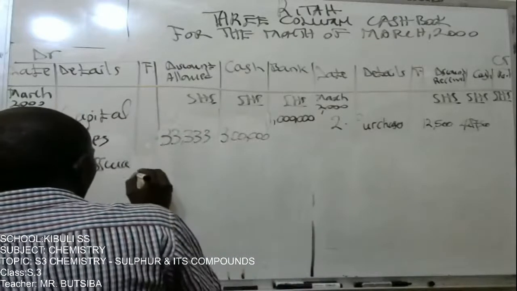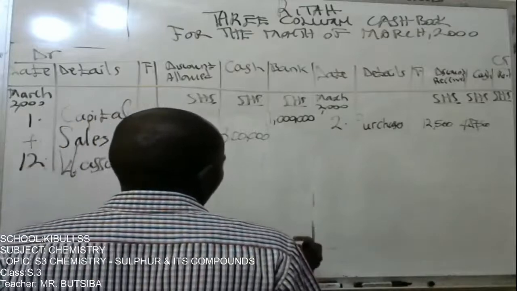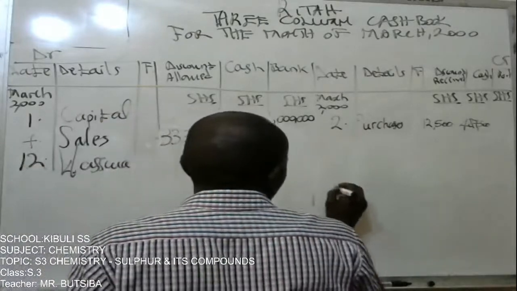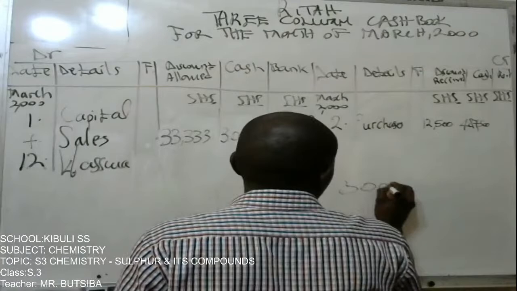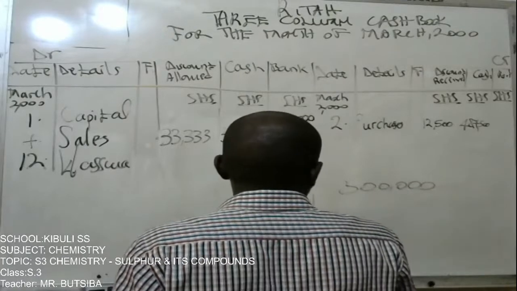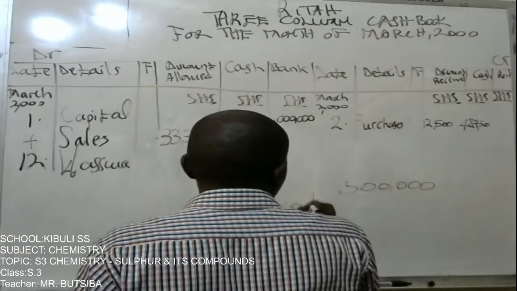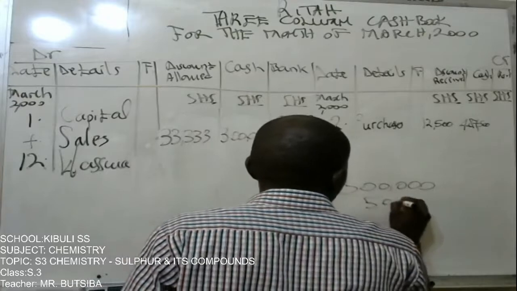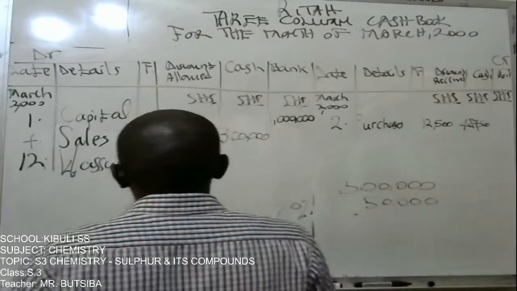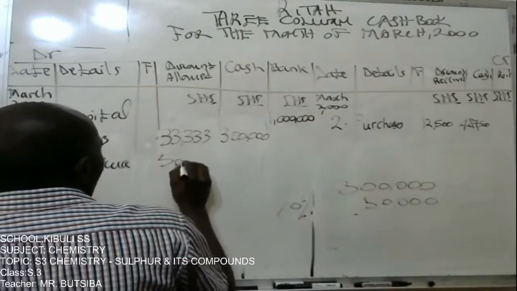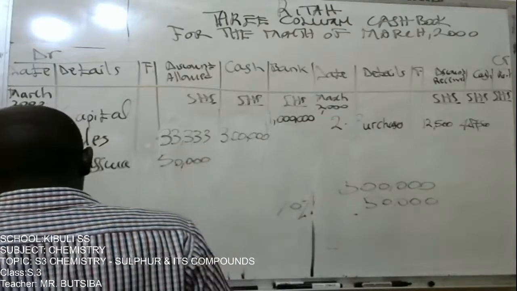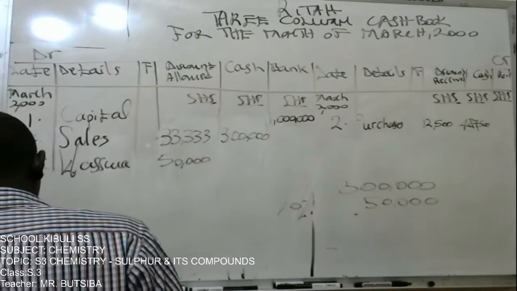So here we are going to calculate 10% from 500. So you have your 500 and then less 10%, which is 50,000. So your discount here is 50,000.